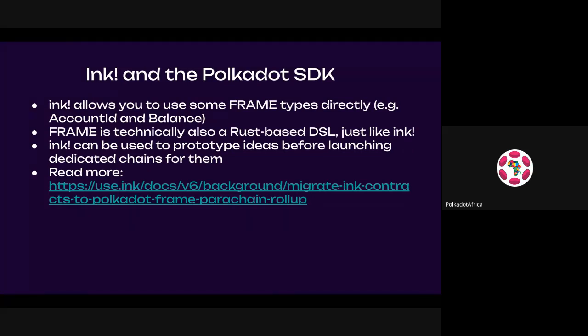So if you are using another programming language, like say Solidity, which was just introduced to Polkadot, you won't have native access to these types. But using ink, you would have access to these types, and this will make your life easier. You don't have to start creating types from scratch. You don't have to worry about security and all that.